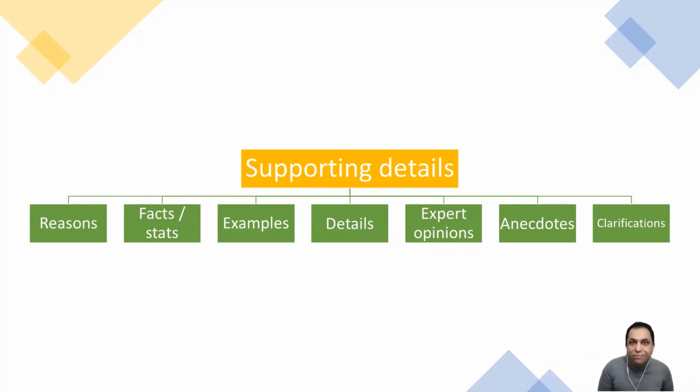So you could start with reasons being the main ideas, and then add facts, examples, details, or even expert opinions. And if something is not clear, add clarification. This is basically how we write the topic sentence and how we support it with details, supporting details.